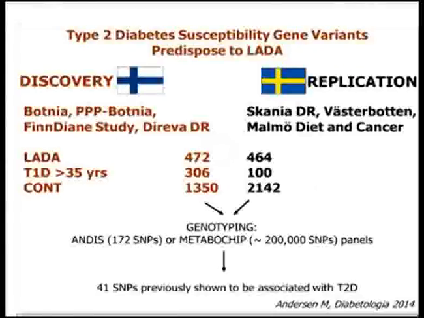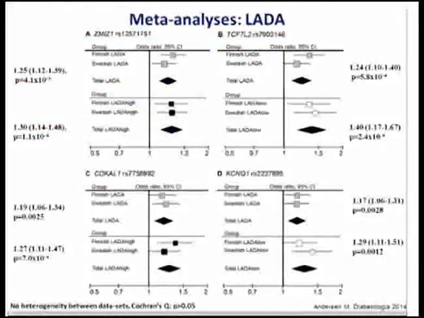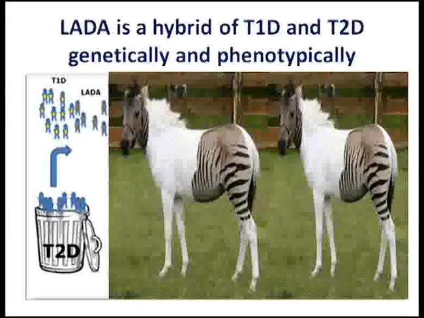And when they did the meta-analysis for LADA patients in both these studies, they found that the odds ratio was high for the TCF7L2 gene and for other genes, which was a mixture of type 1 and type 2. So LADA is really a hybrid of type 1 and type 2 diabetes, both phenotypically and genotypically.